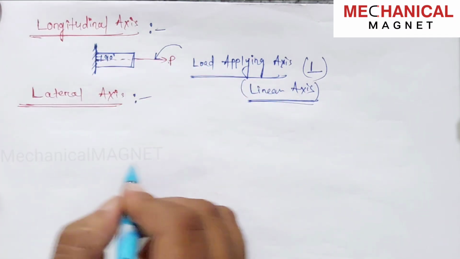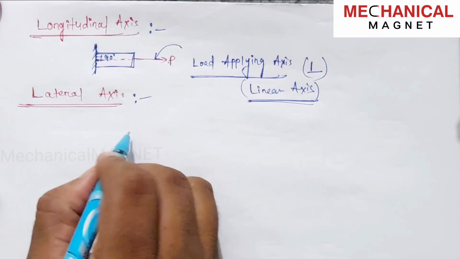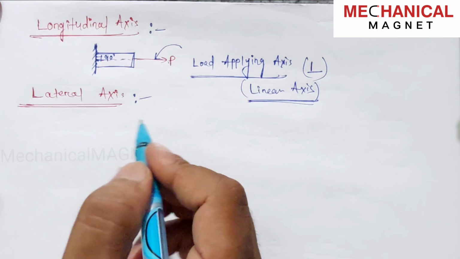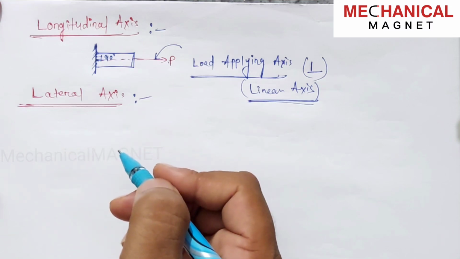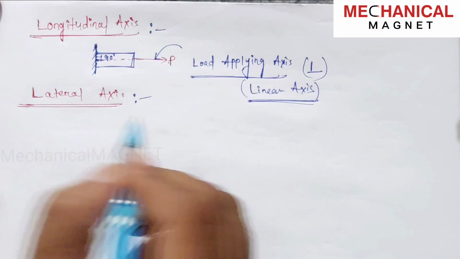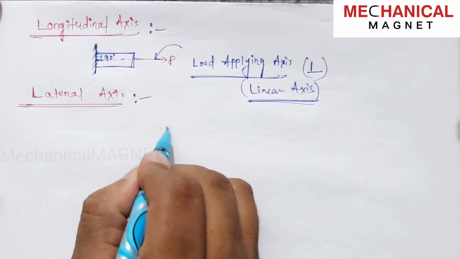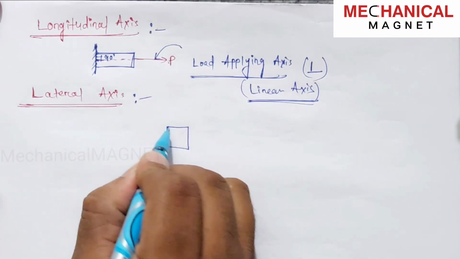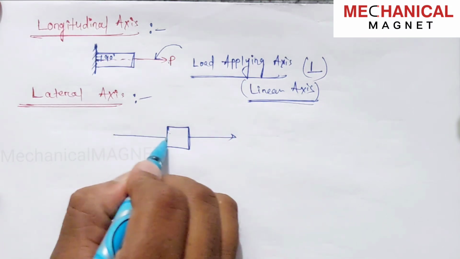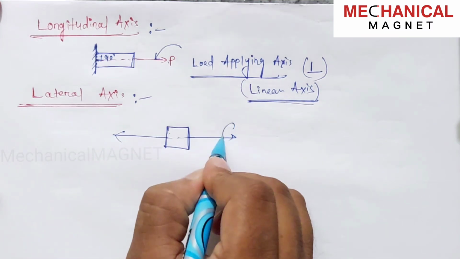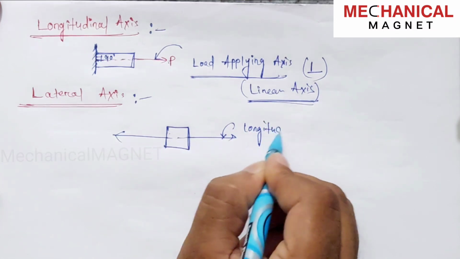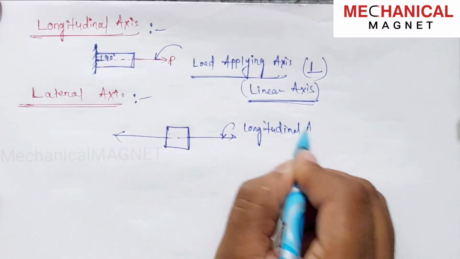Okay, so here you can see what the lateral axis is. Lateral axis means the axis which is considered perpendicular to the longitudinal axis. Here this is the body, you can see, and when the forces act on this body like this, we can say this is the longitudinal axis.